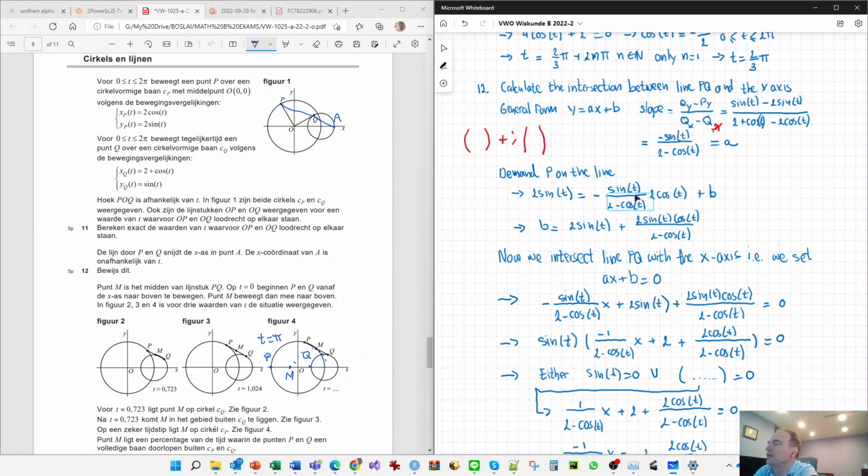Then bring this to the left and flip sides. You get this expression for B, which is a little messy. You can actually write this as a sine of 2t, but let's see if that is really going to be helpful.